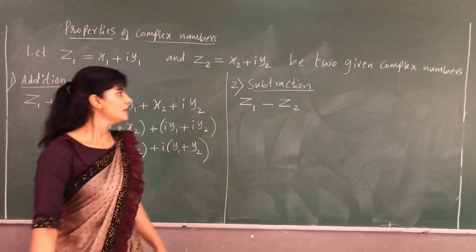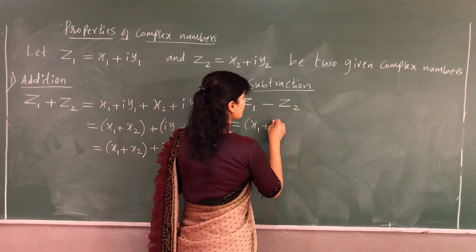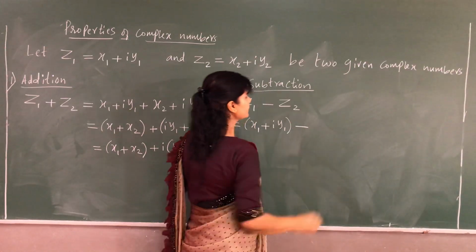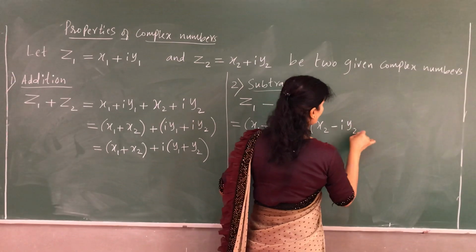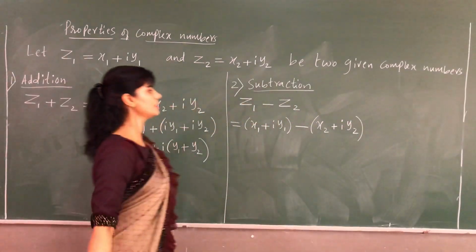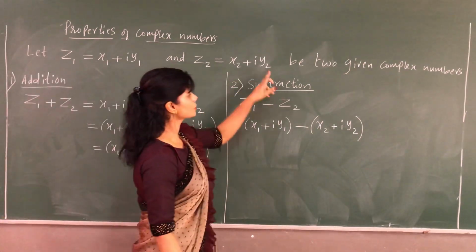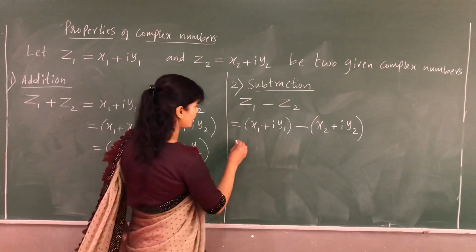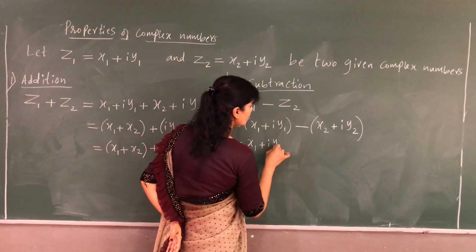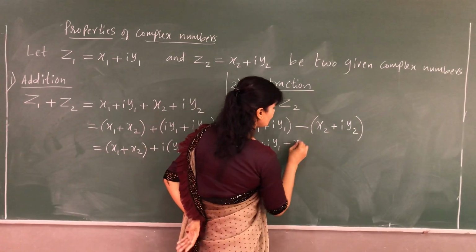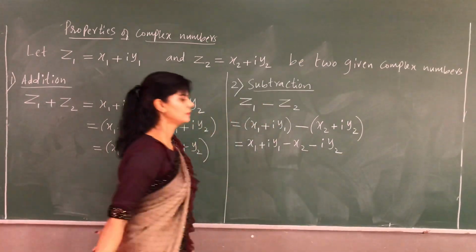What is z1? z1 is x1 plus iy1, minus z2 which is x2 plus iy2. Remove the brackets: x1 plus iy1 minus x2 minus into plus minus iy2. Okay?